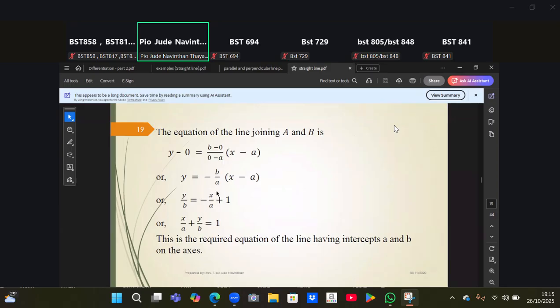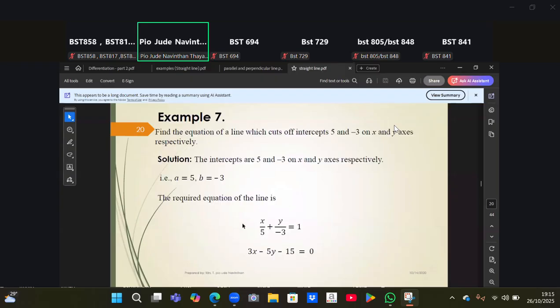You can try this simplification, right? In your own method, you can get it, but your answer must be x over a plus y over b is equal to 1. That must be there, right? This is the intercept method for the straight line. So x over x intercept, y over y intercept, right?